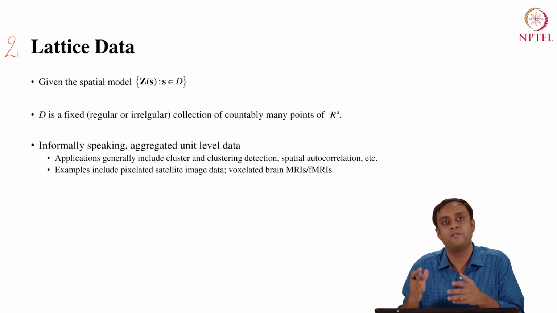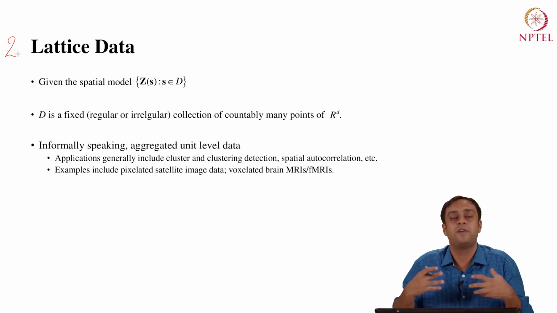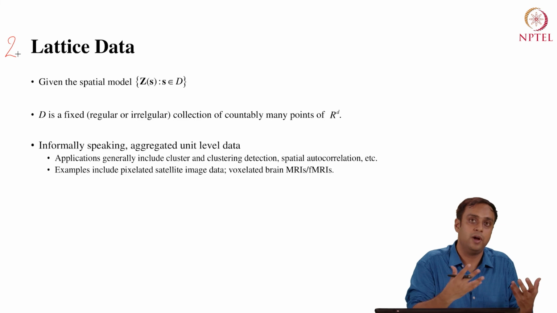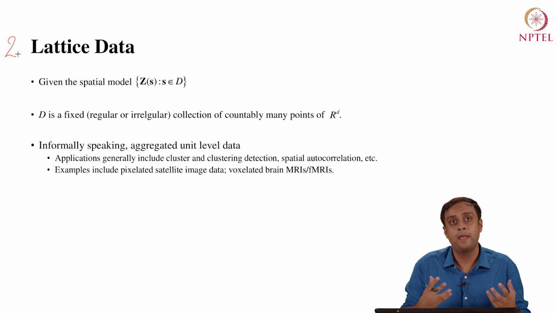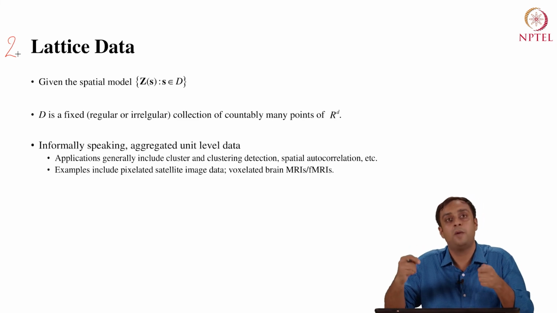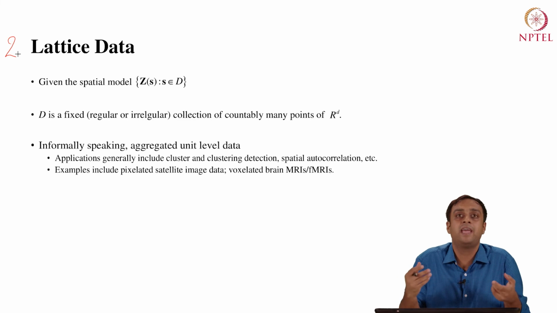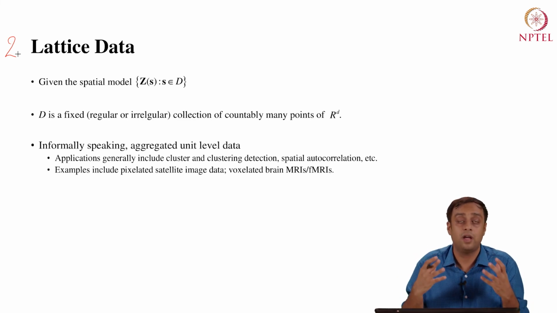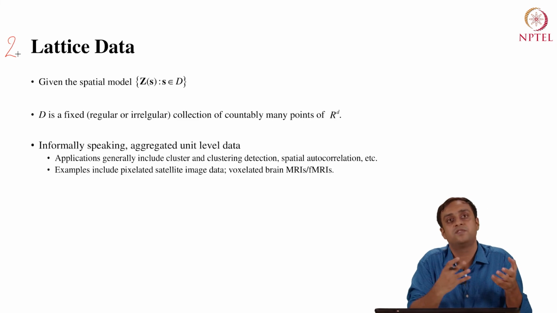A very good example of this is states in India. If I'm observing GDP levels for different states in India, I can only move through the centers of mass of different states. I cannot really tell you what's happening within each state if I only have observations at the level of state.